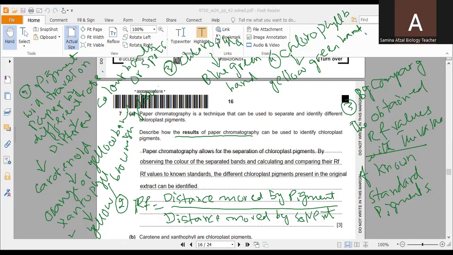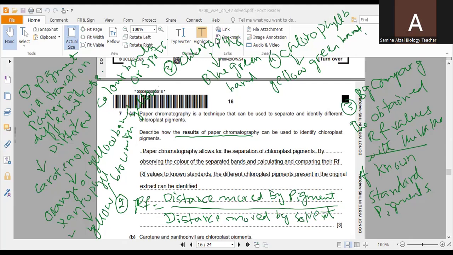The color is also consistent. So in the first method, the color is very consistent, and with the help of the color we can identify the different chloroplast pigments. Secondly, by calculating their RF values, and third, by comparing their RF values with the values of the standard pigments. So in this way we can answer this question.